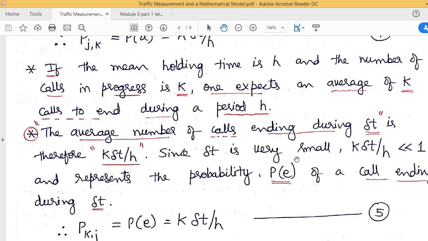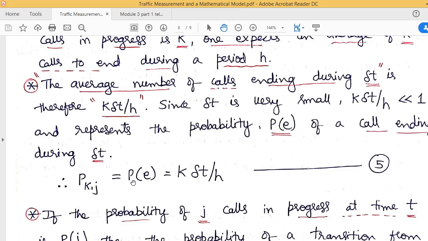Please note that any probability cannot be greater than 1. Probability of ending of a call within this small duration delta t can be defined as P of k to j equal to P of E, which is K times delta t by H.